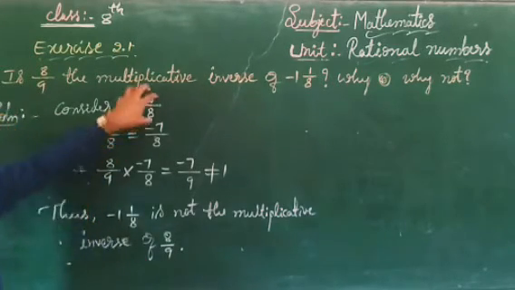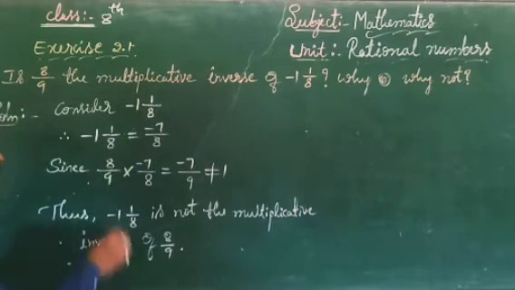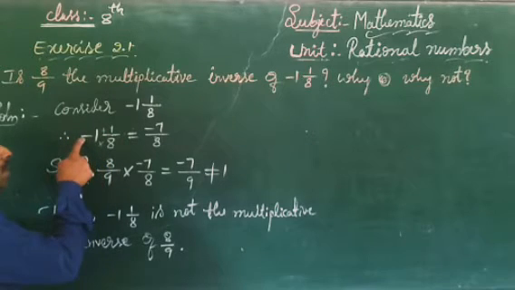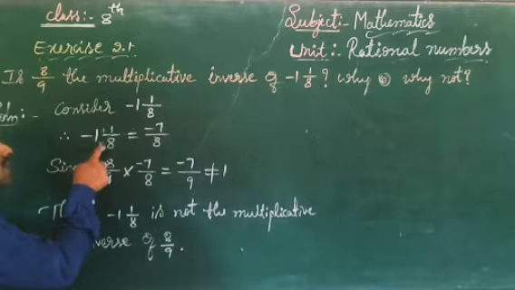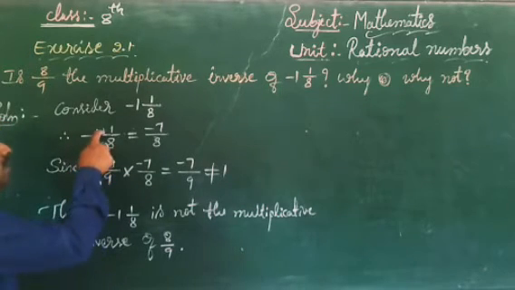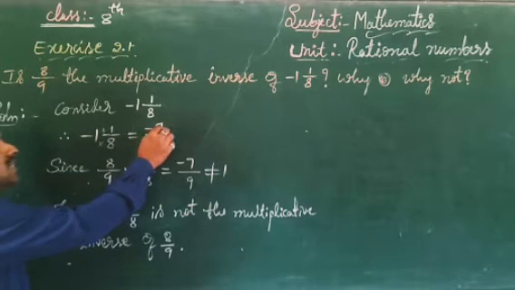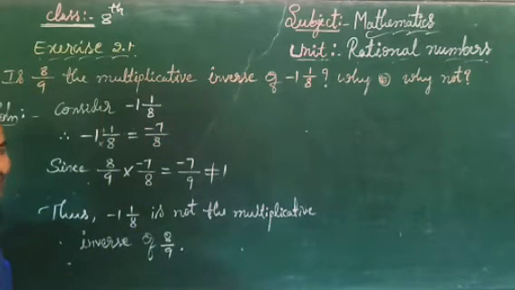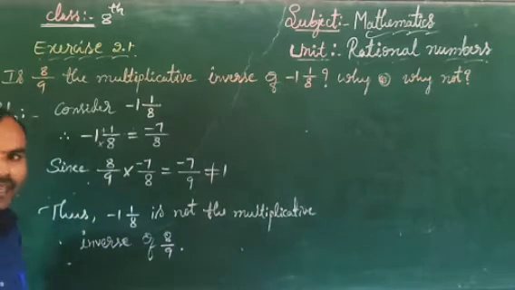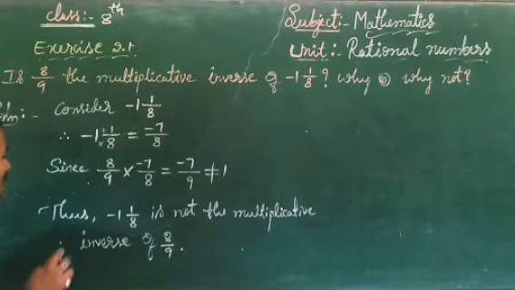Just simplify this one and convert into improper fraction. Minus 8 ones are 8, minus 8, and here plus 1. Minus 8 plus 1 is minus 7 by 8. Minus 7, denominator 8. Minus 7 by 8.